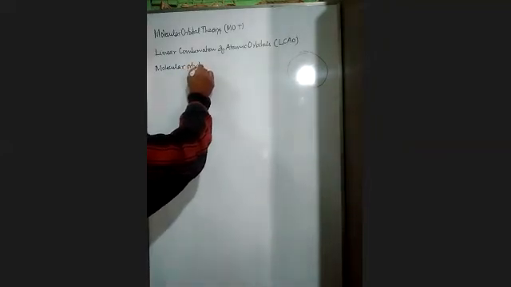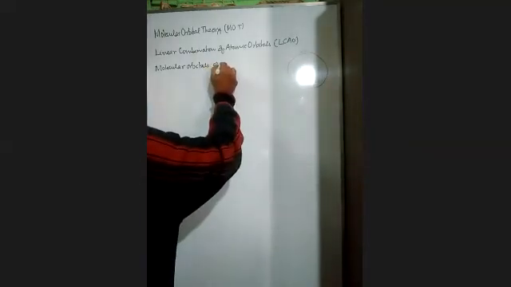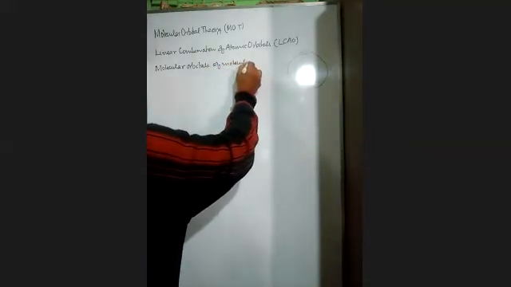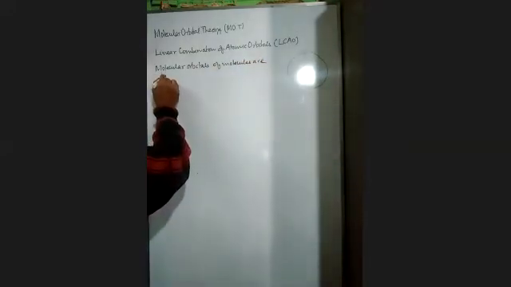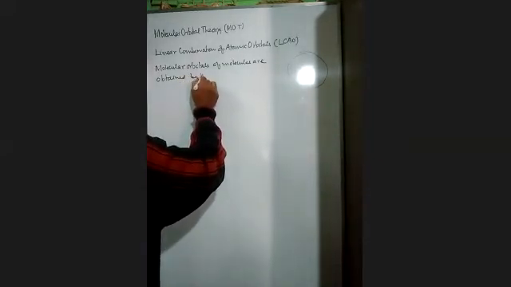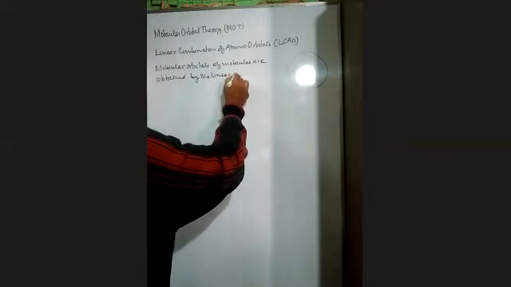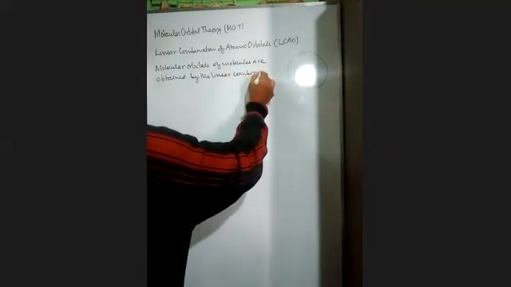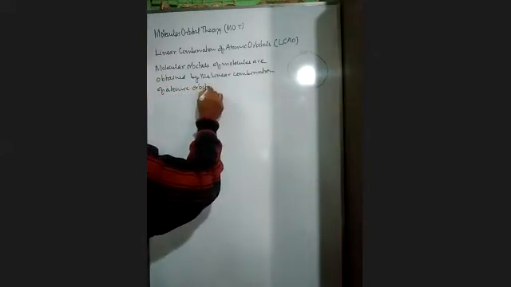Molecular orbitals of molecules are obtained by the linear combination of atomic orbitals of the bonded atoms.